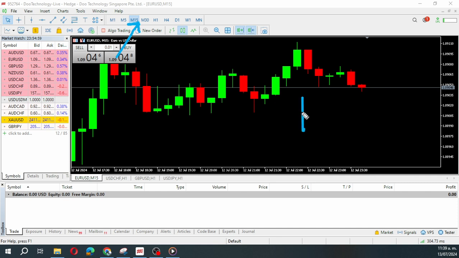So we have the candle. This is a bar of the candle. This is the open price. This is the minimum price. This is the closing price, and this is the top price. These are the four parts that make up a candle, right?